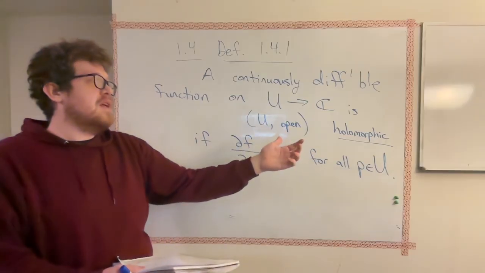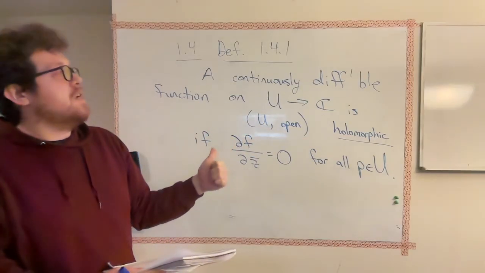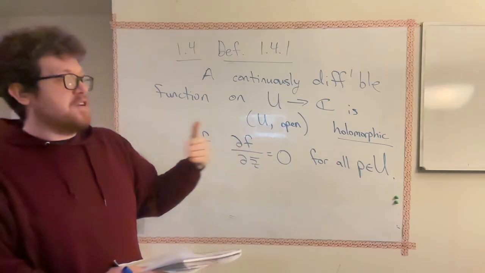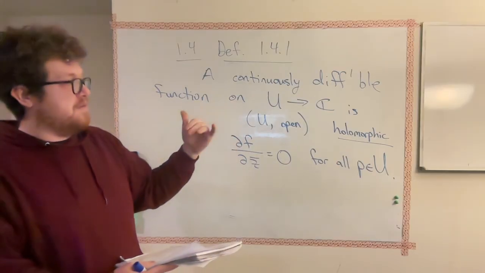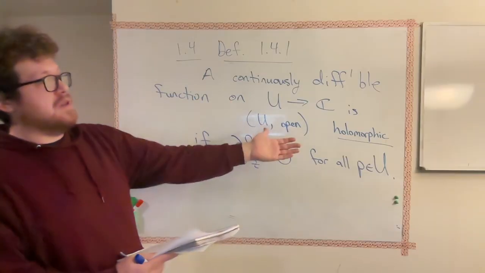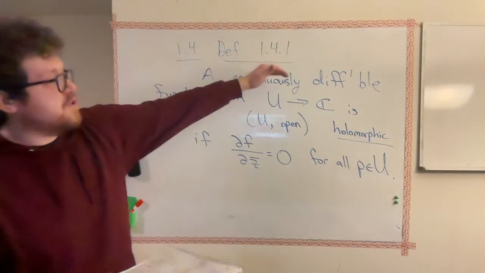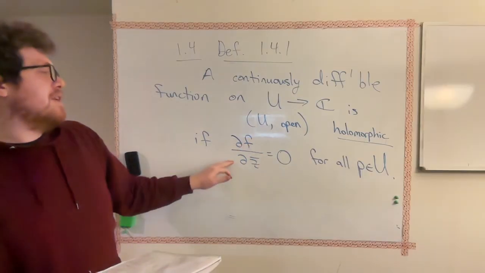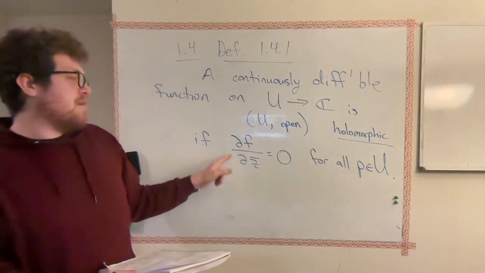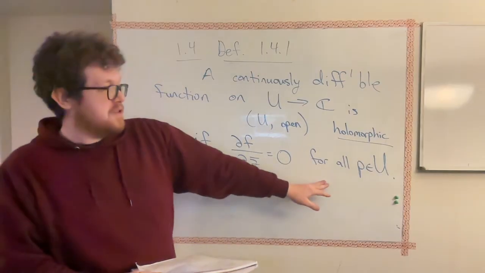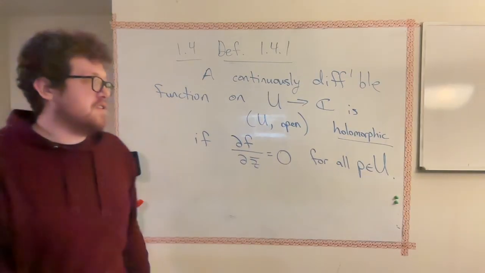So not only do they exist for all points, but if we look at the partial derivatives of both functions with respect to both variables, they're all continuous. So if that's true for all the points in U, and the partial derivative of f with respect to z bar is 0 for all those points, then we just call it holomorphic. So this is just a definition.